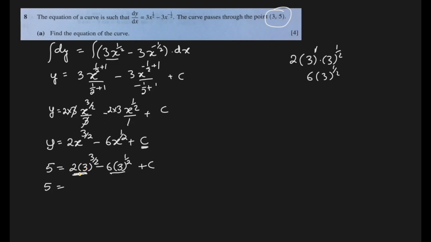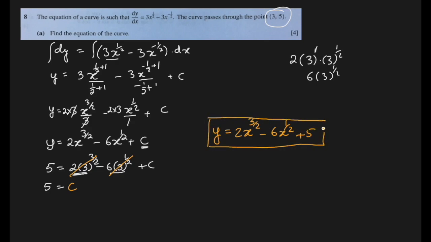That means these two get cancelled out and c is 5, and our final equation of the curve becomes y equals 2x to the power 3 over 2 minus 6x to the power 1 over 2 plus 5. This is the solution of this equation.